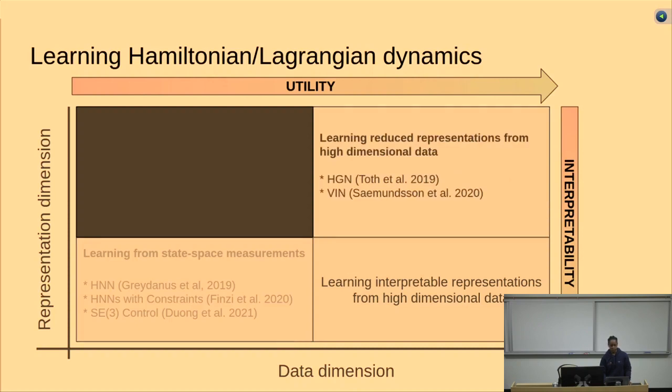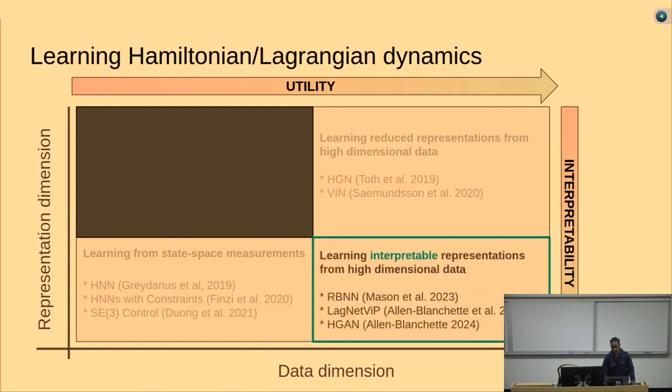There are a couple of really popular methods that do this: Hamiltonian generative networks is one, variational integrator networks is another. These networks map images of 1- and 2-dimensional systems to latent representations whose dimensions are in the hundreds, for example. The lower right quadrant contains models that learn a low-dimensional and interpretable representation from high-dimensional inputs. This is where the work that I'll talk about today sits.